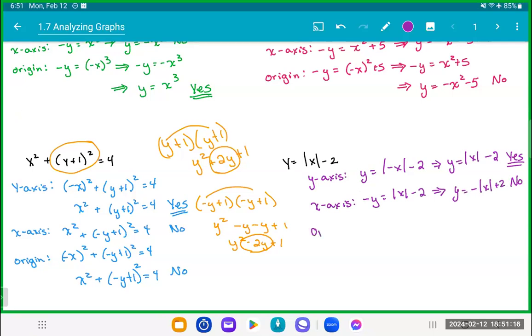And then finally, with respect to the origin, we have negative y equals the absolute value of negative x minus 2. And when we simplify that by dividing both sides by the negative, we get y equals negative absolute value of x plus 2. And again, that is not equal to our original equation.